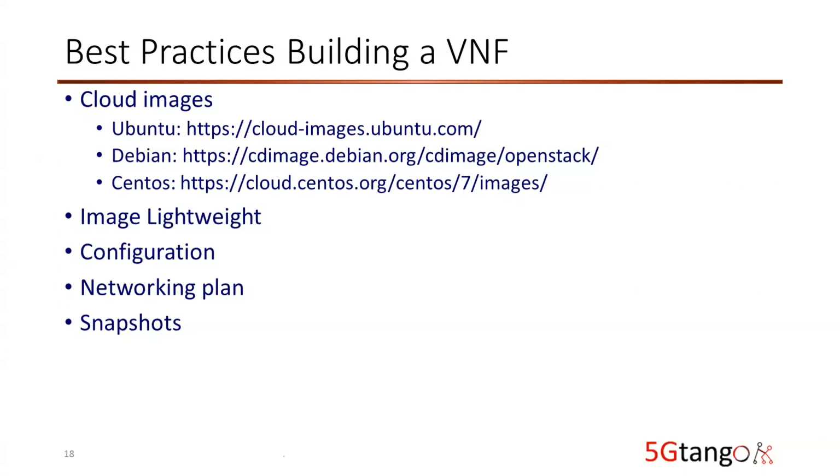Also, the other reason to use a cloud image is that the cloud image has some adaptations, or some software already installed in the image, that can be used by OpenStack.